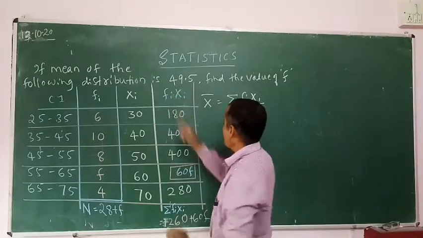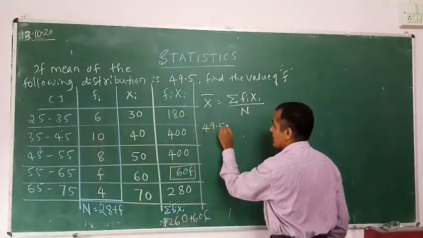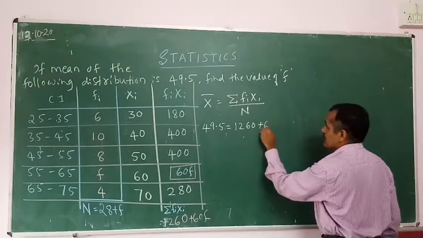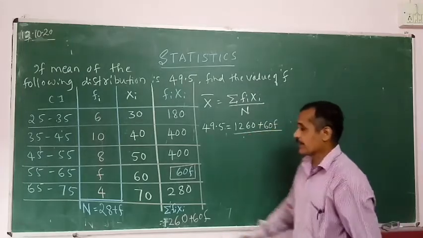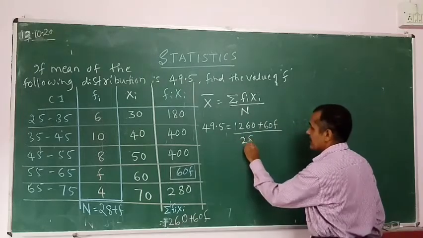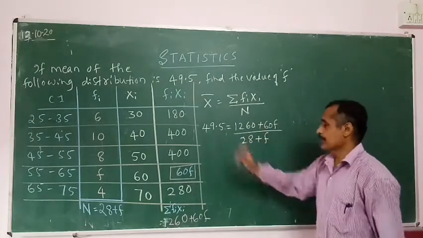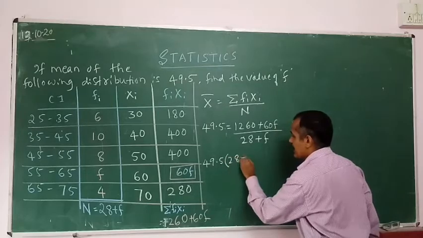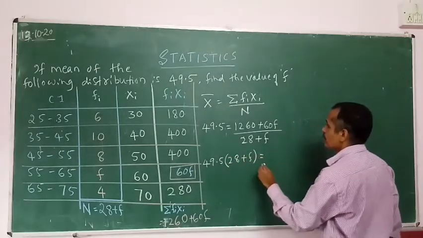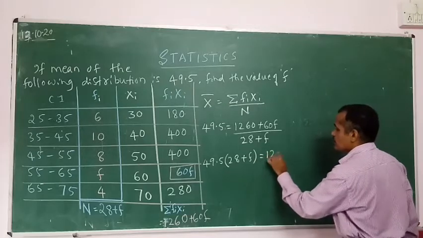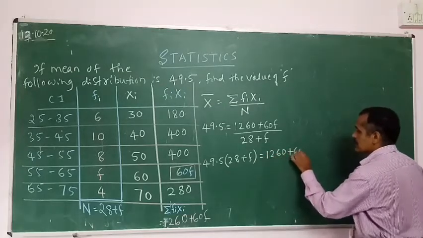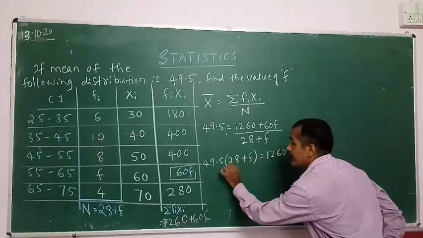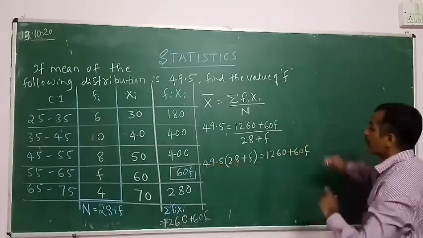This is equal to how much? 49.5. 49.5 is equal to summation Fi Xi, 1260 plus 60F, divided by 28 plus F. Cross multiply and write like this. 49.5 into 28 plus F is equal to 1260 plus 60F. It is 28 into 49.5.